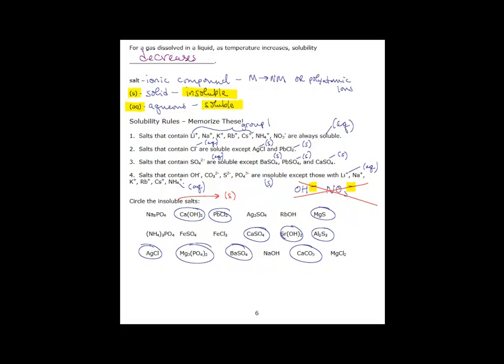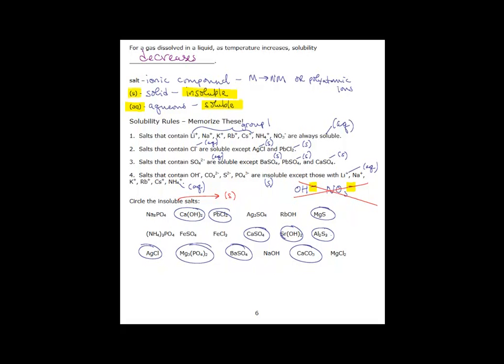Calcium sulfate, see rule 3. That's why it's insoluble. Strontium hydroxide. Strontium is a group 2 element. So rule 4, salts that contain hydroxide are insoluble unless paired with group 1 or ammonium. So since strontium's in group 2, that's why it's insoluble.